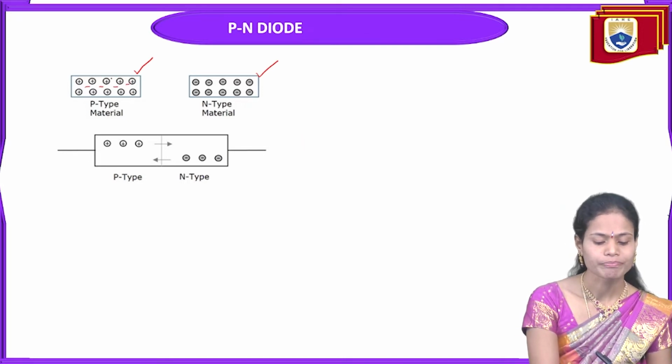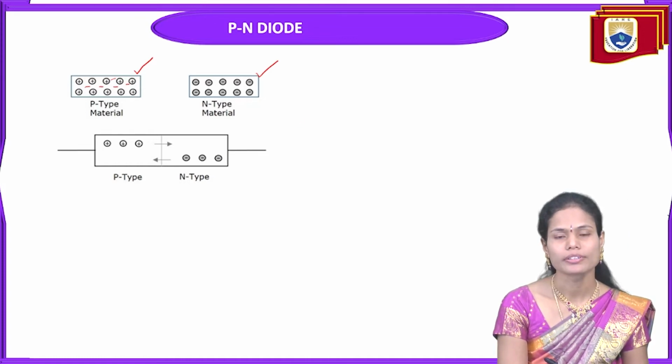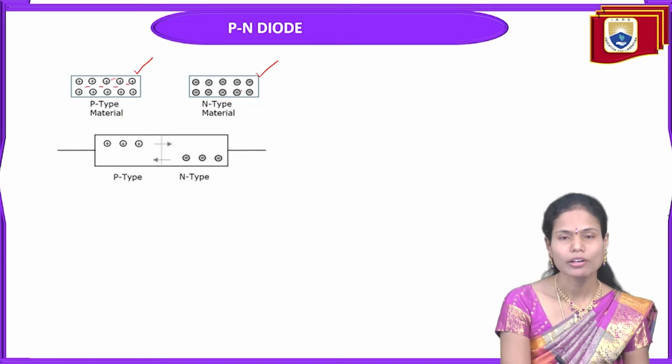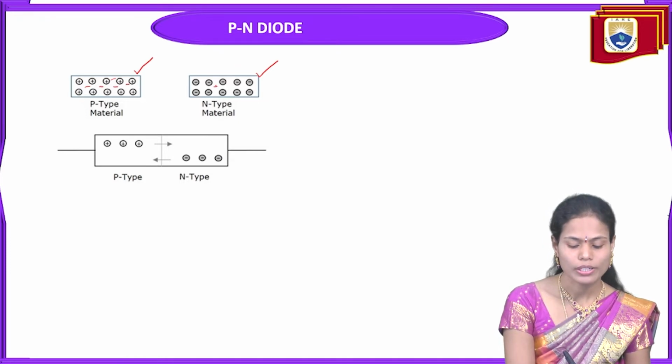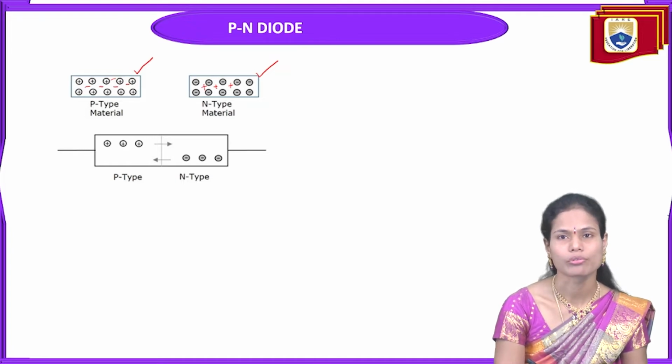In the N type material, along with the majority carriers, the electrons, we also have a small amount of minority charge carriers, which are holes.